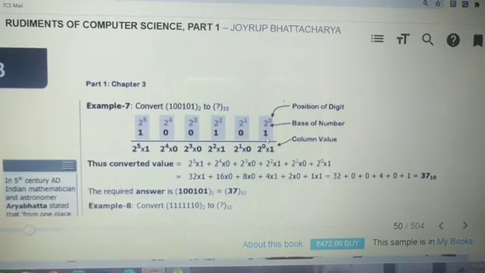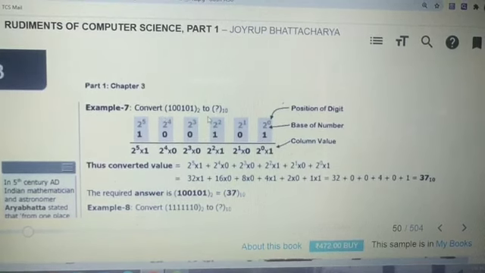For each digit we put a positional value and multiply it by the base. The number base is 2, so we convert from base 2 to base 10, binary to decimal. Each digit is multiplied by 2 to the power of its position.